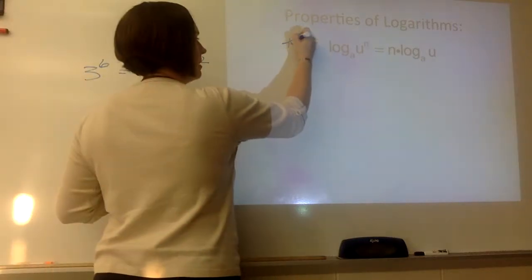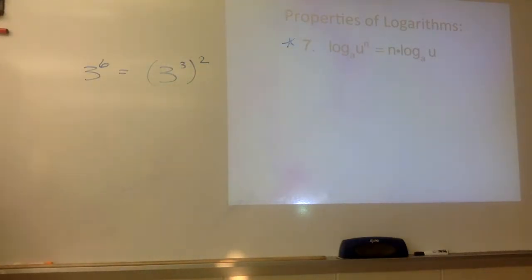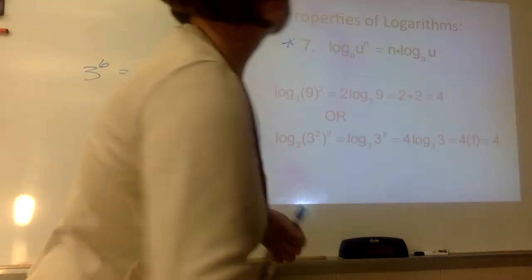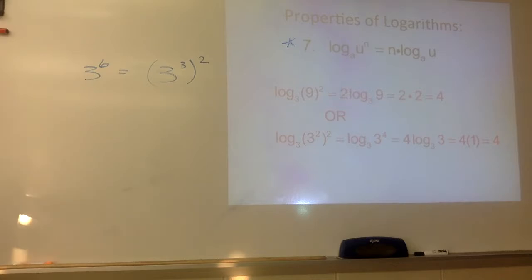This one comes up a lot. I'm going to put a star by that one. Last property. This is it. No other properties. Here's a numeric example. If I take 9 squared, I get 4.